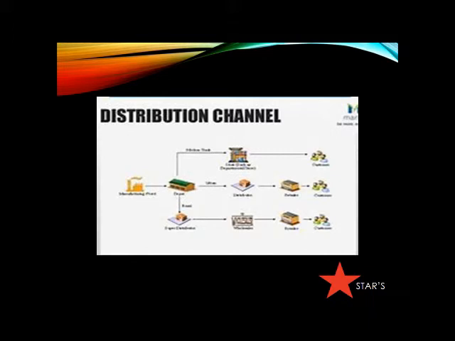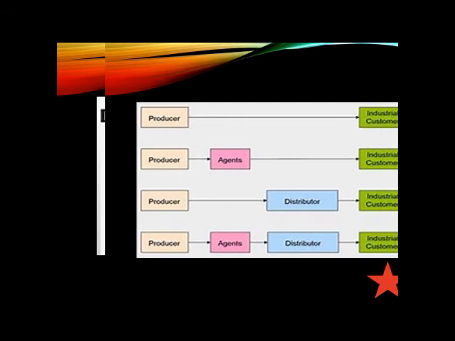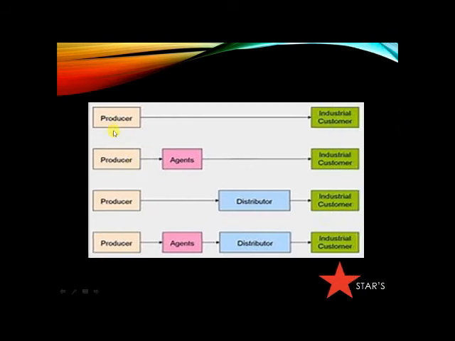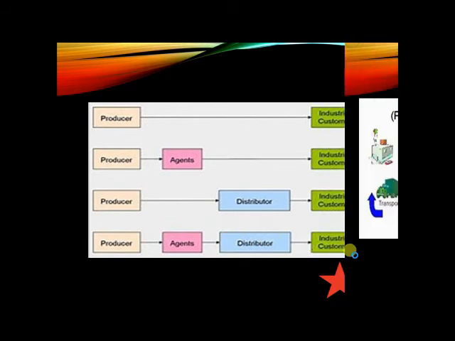Distribution channel refers to the movement of goods and services from the point of production to the point of consumption. Like we have direct distribution, producer to industrial customer, or producer to agent, then to industrial customer, producer to distributor, then to industrial customer, or producer, then agent, distributor and industrial customer. What are all these? This is all a distribution channel.